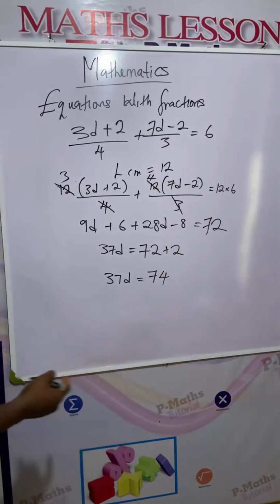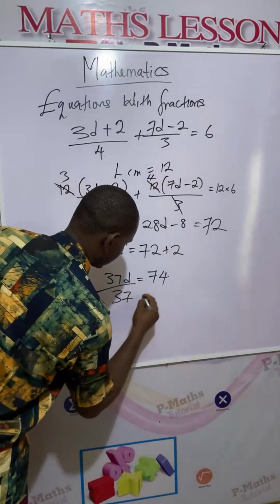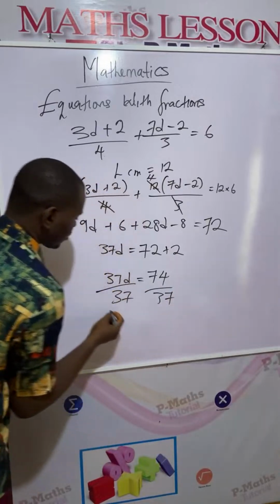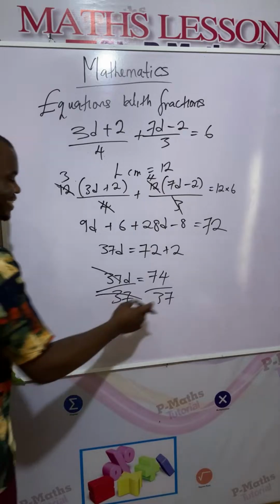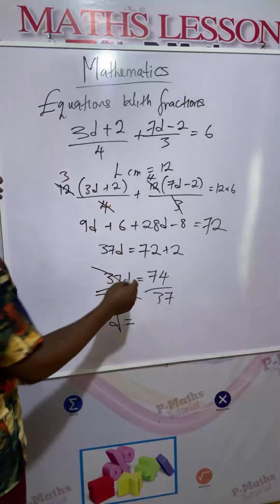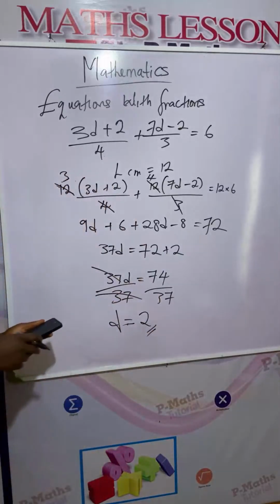Now we have to divide both sides by 37. All right, 37 will cancel out 37 here. D is equal to 37 can go twice into 74. So D is equal to 2.